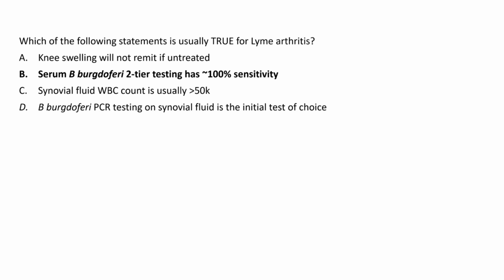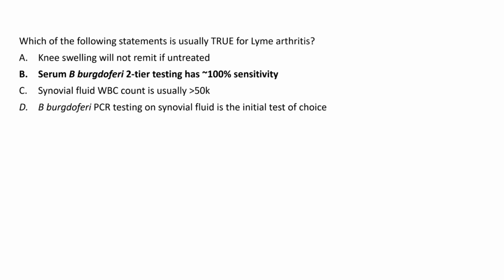The reason that happens is because arthritis is a late manifestation of borreliosis. So by then, they have all acquired the antibodies, which is why the first test is actually the serum testing, and it's more sensitive than the PCR on the synovial fluid, although you would think that it would be the other way around. You should do both tests, but if you have positive serology, you don't actually need to do the PCR, you can just do it to confirm.